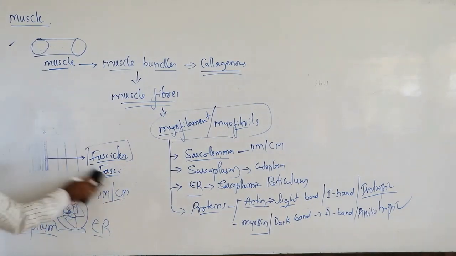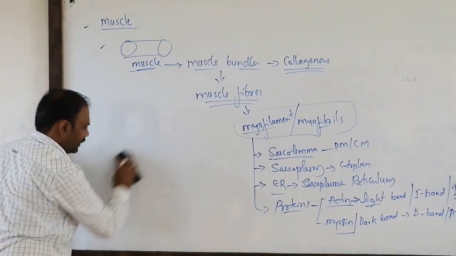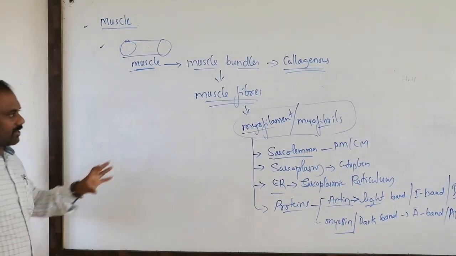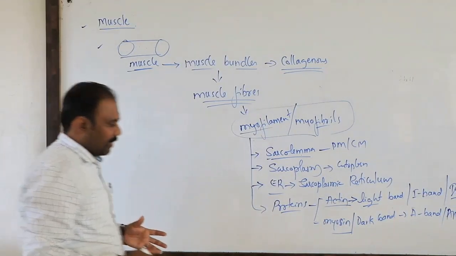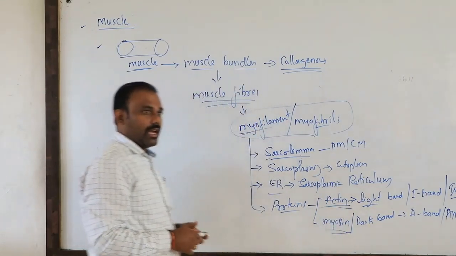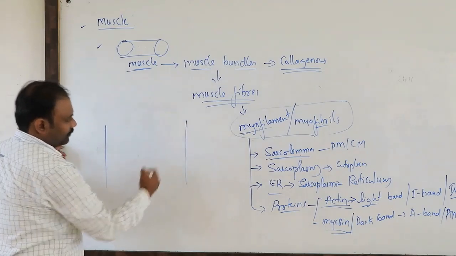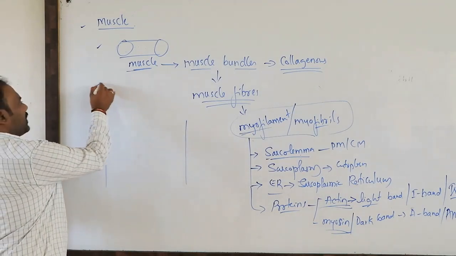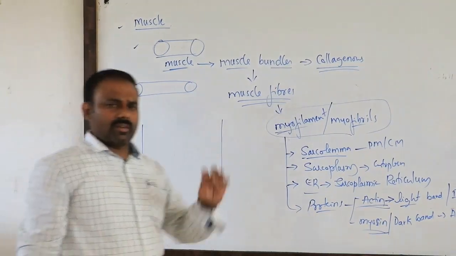Next, see, when we go in depth into the myofibrils or the muscle, what kind of arrangement is there? I mean, in the case of myofilaments, how are the actin and myosin going to be arranged? Here we have one unit. Imagine we have a long length, that is one muscle bundle.